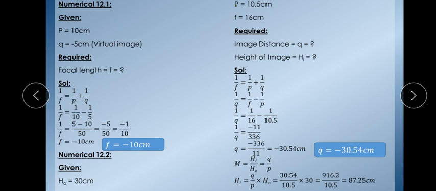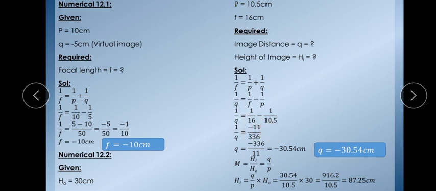So first, for solving the image distance, we will use the formula 1 over f is equal to 1 over p plus 1 over q. In next step, students, we will rearrange as we have to get q, so it will become 1 over q is equal to 1 over f minus 1 over p. We will put the values of f and p. 1 over q is equal to 1 over 16 minus 1 over 10.5. Students, to solve it simply, we will multiply 16 with 10.5.